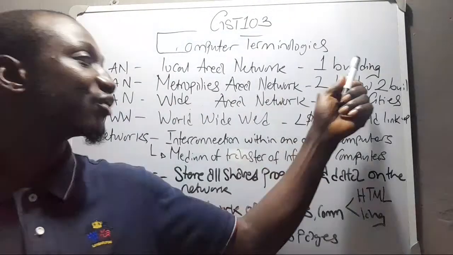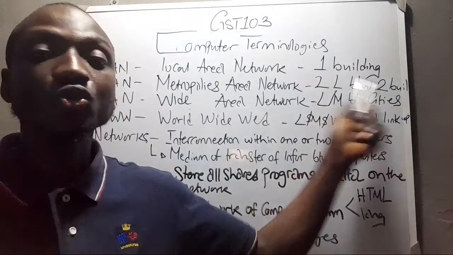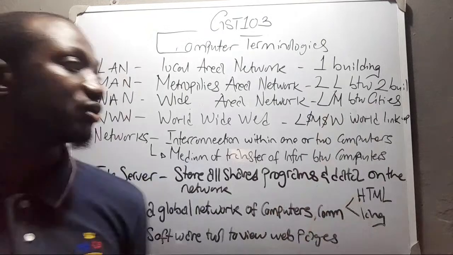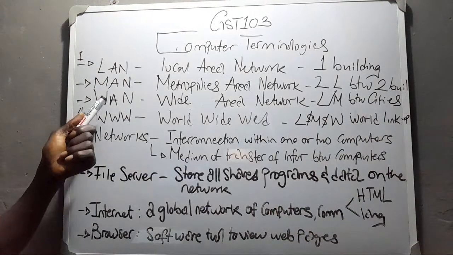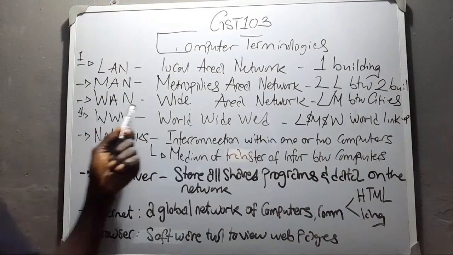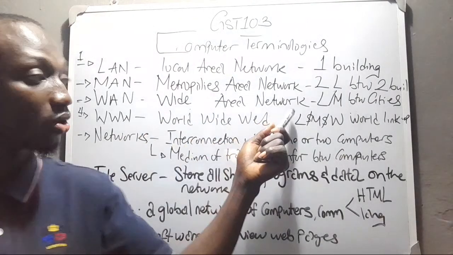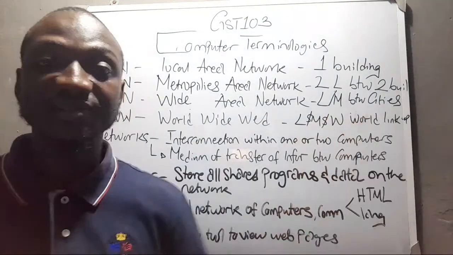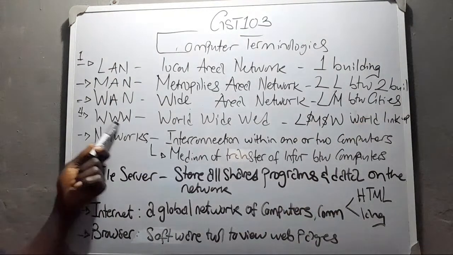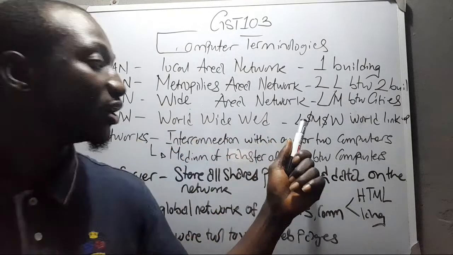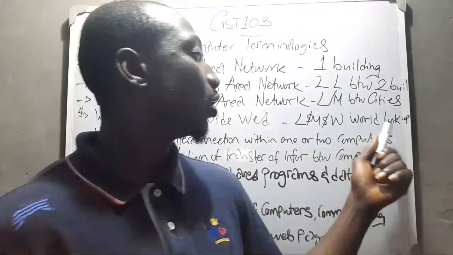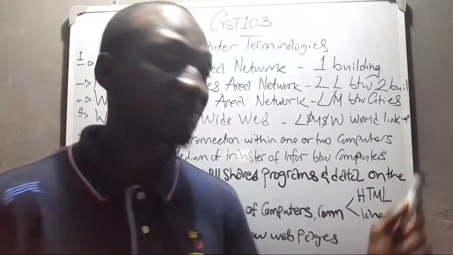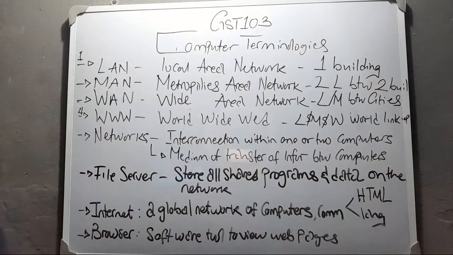This is connection of two LANs within two buildings, or between two buildings. Now, we have WAN. WAN is wide area network, and we say it is the connection of LAN or MAN within cities. Now we have WWW, which is the World Wide Web, which is the one that links all these connections together globally.